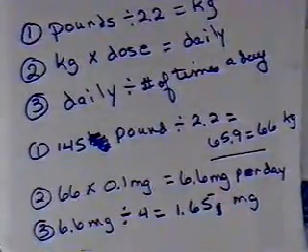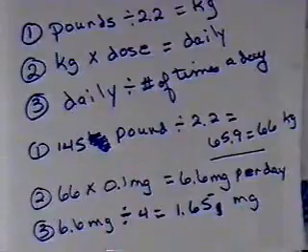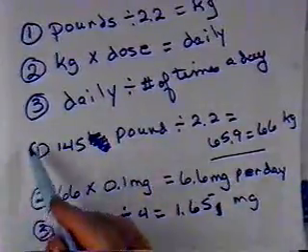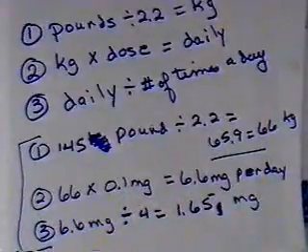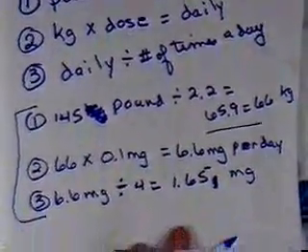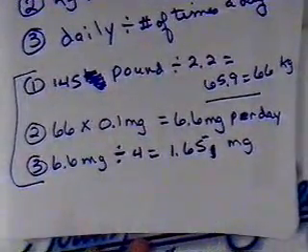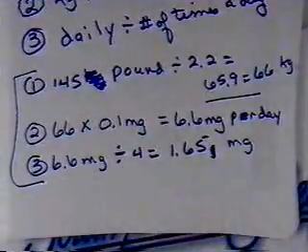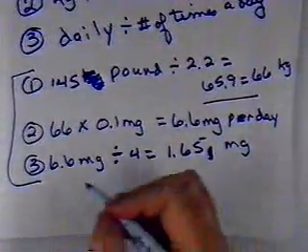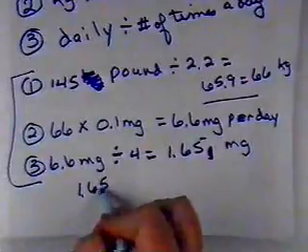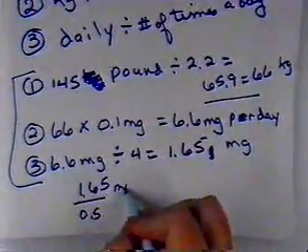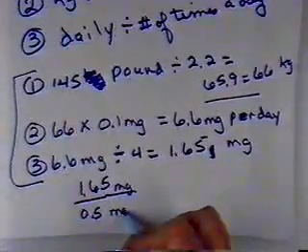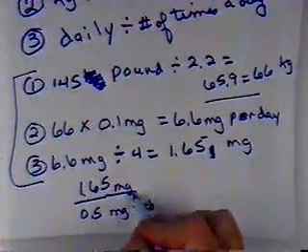1.65 milligrams. Now these 3 steps, divide by 2.2, multiply by the dose, divide by the times of day. Now I'm actually ready to do the tablet problem. You take the 1.65 divided by 0.5, they are both milligrams, and make sure you keep the word tablet on the bottom.